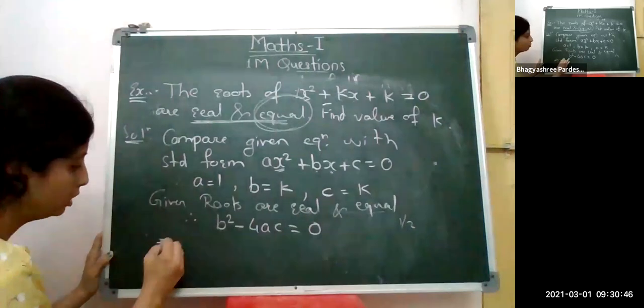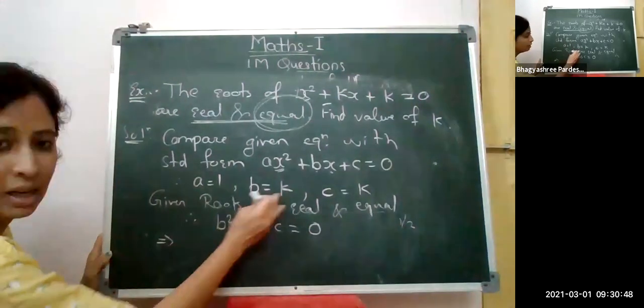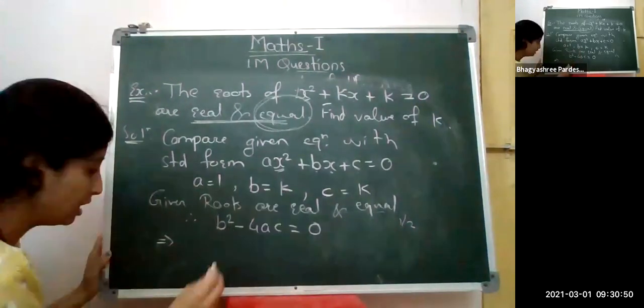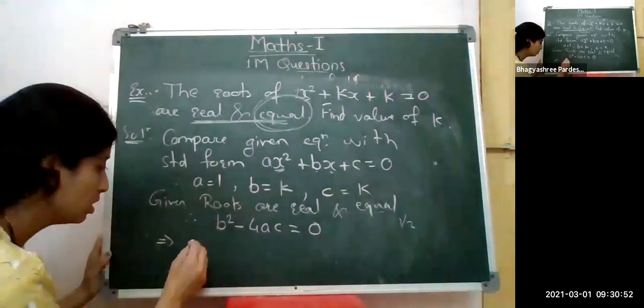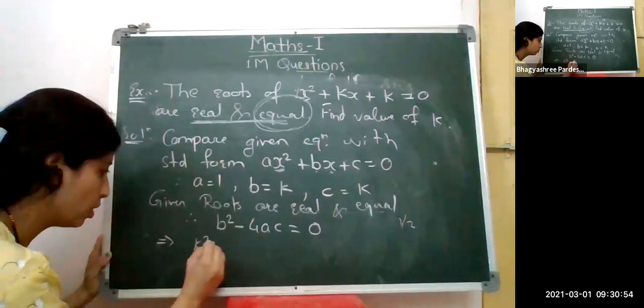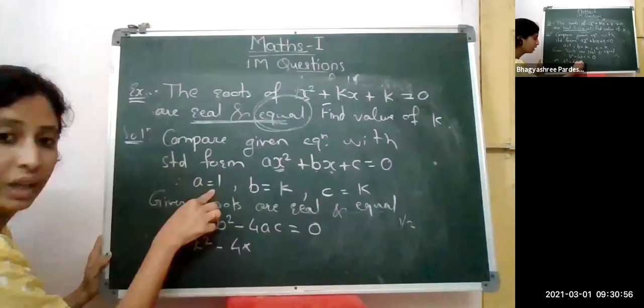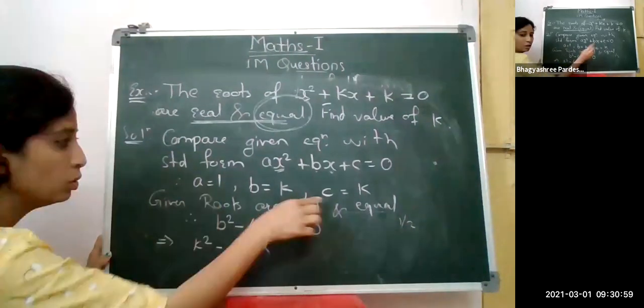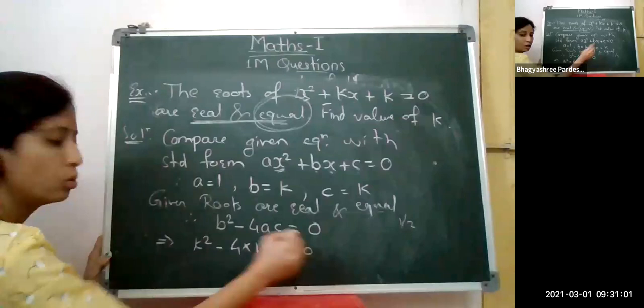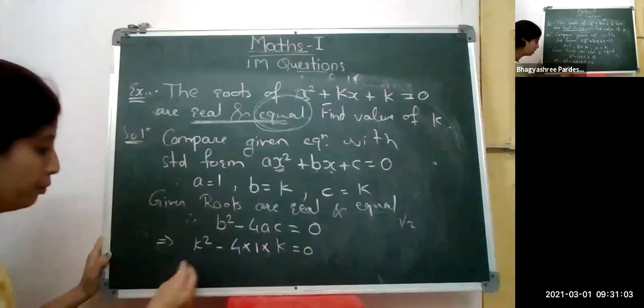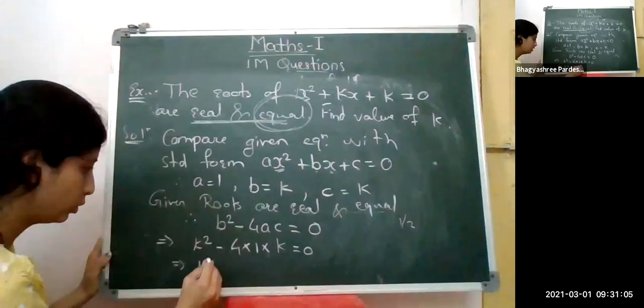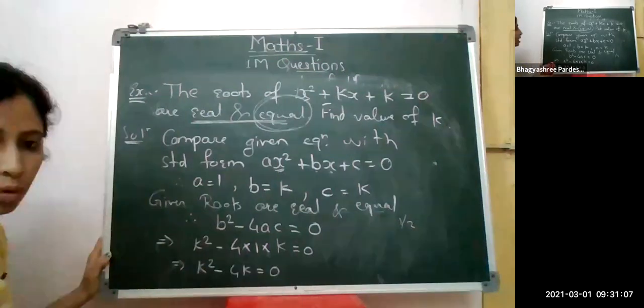So this implies b, the value of b is k here. So k square minus 4 into the value of a, which is 1, equals 0. So what is here? k square minus 4k equals 0.